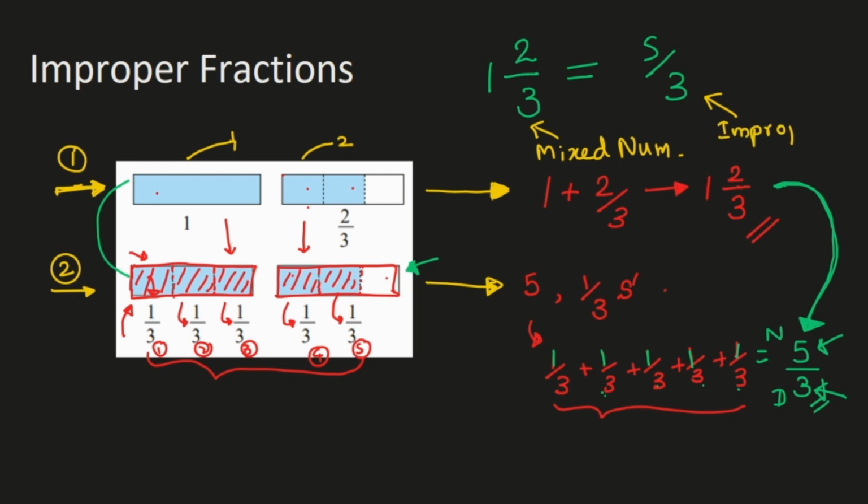Improper fraction. So now I believe that you are okay with improper fractions, and the connection between the mixed numbers and the improper fractions. So in the next section, let's go for some examples. So this will be crystal clear for you guys.